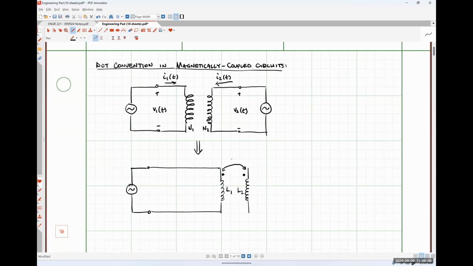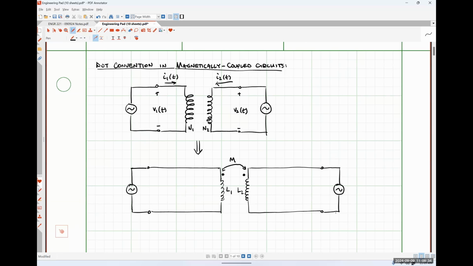And then I am also going to include some mutual inductance M, where all of these inductances, L1, L2, and M, are measured in henries. Then I'm just going to continue and draw the remainder of the circuit, like so.